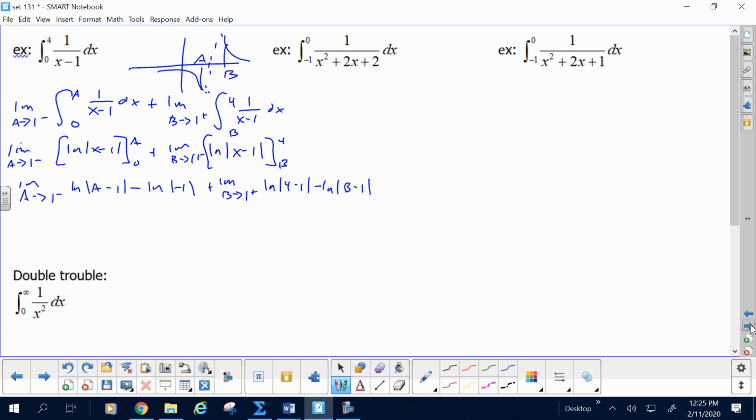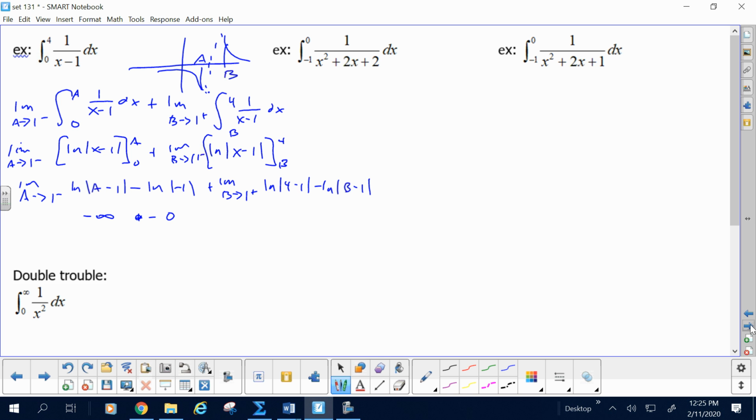What about the first one? As a goes to 1, a minus 1 goes to 0, and log of 0 approaches negative infinity. Minus log of 1 is just 0, yay? Okay, cool. That's unfortunate. Let's continue on.